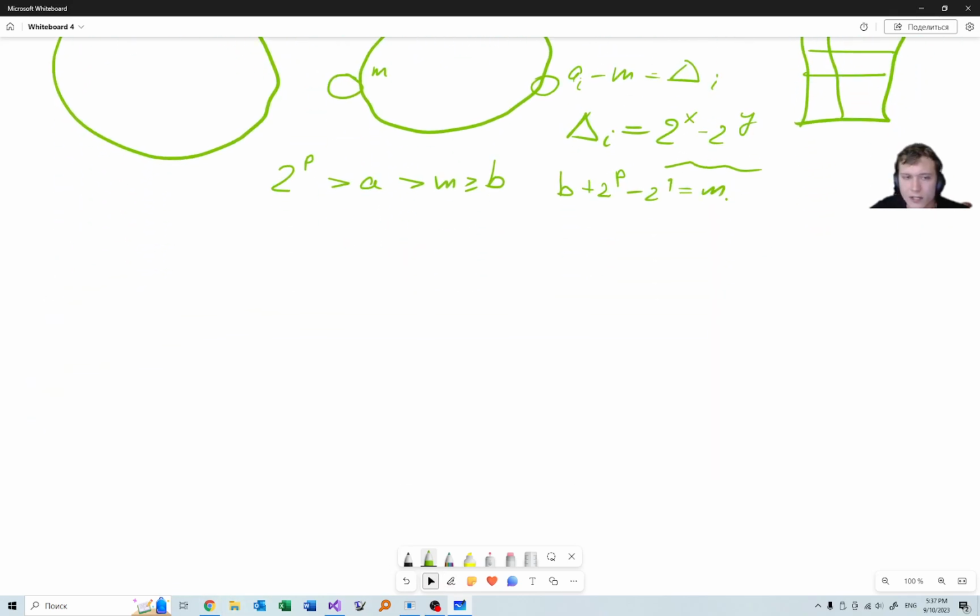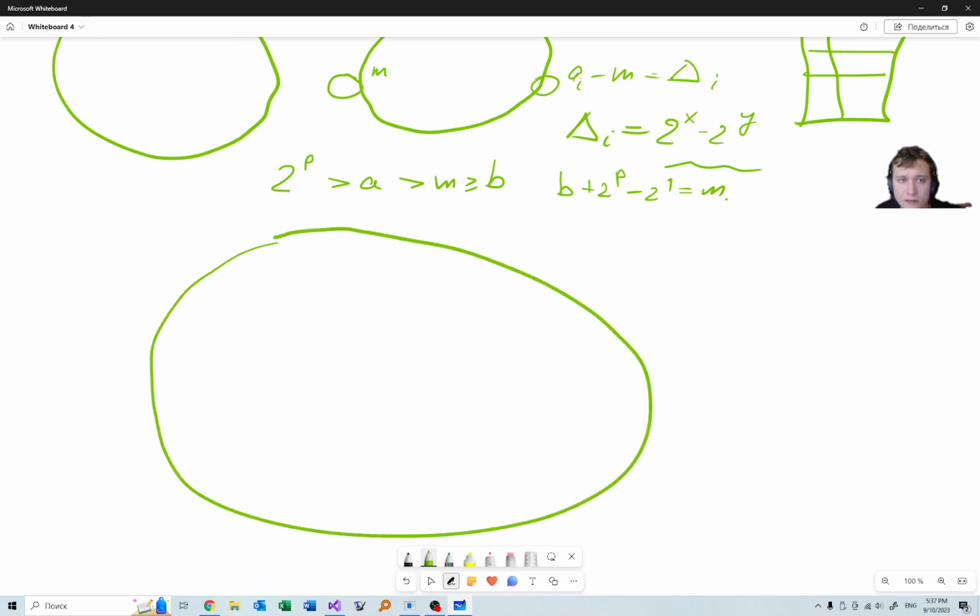So again, the question is, we have several numbers, and the mean of these numbers is m. And each person should give 2 to the p to the next person, and the next person gives 2 to the p2 to the next person, and in the end they all become equal to the mean number.